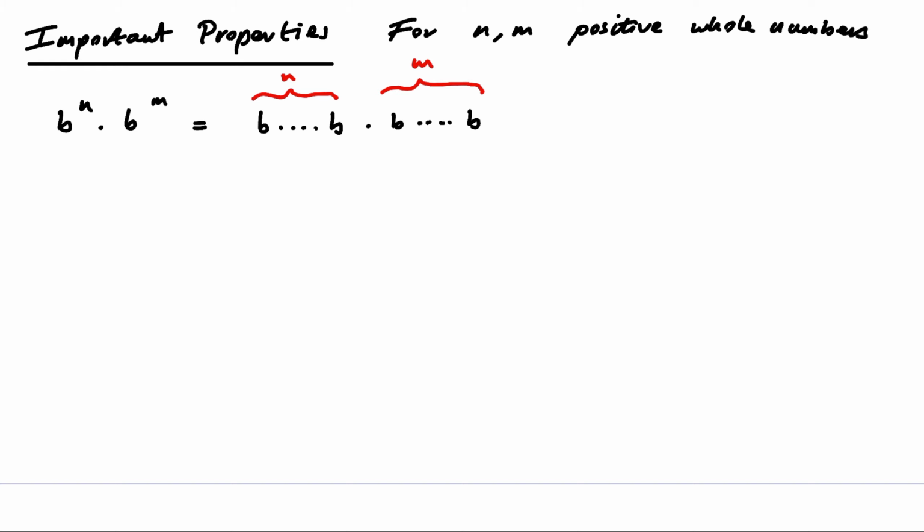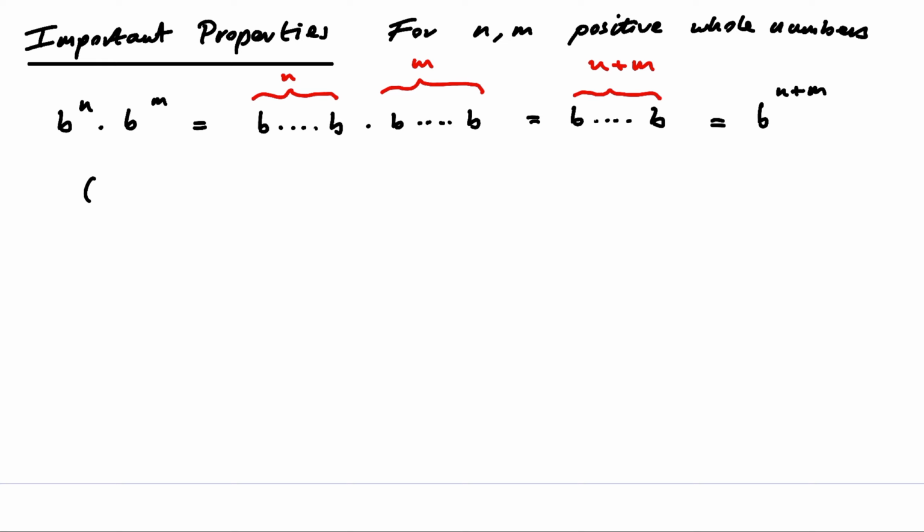If we think about it, how many copies of b are there? Well, there's n followed by m, so overall it's going to be the sum. So this is going to be equal to b dot b, overall n plus m. So in this notation, something quite nice happens. This would have to be equal to b to the n plus m. Okay, so that's a nice notational property.